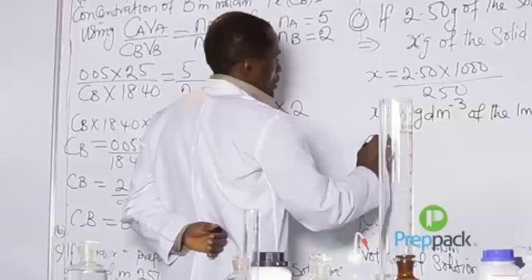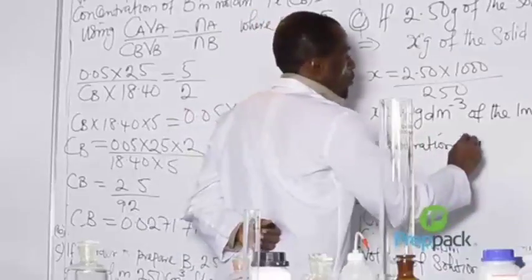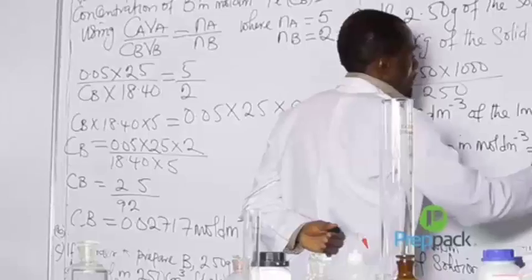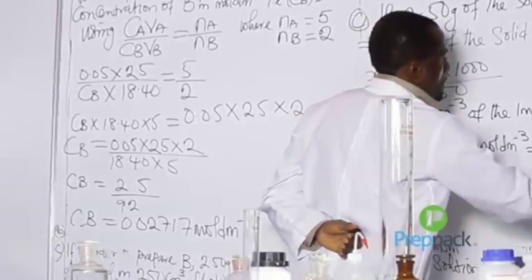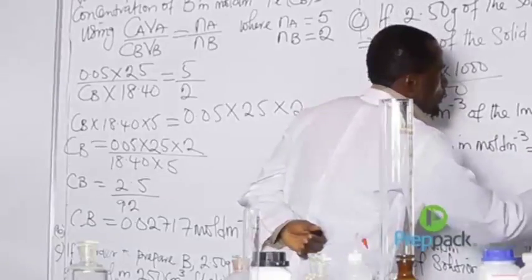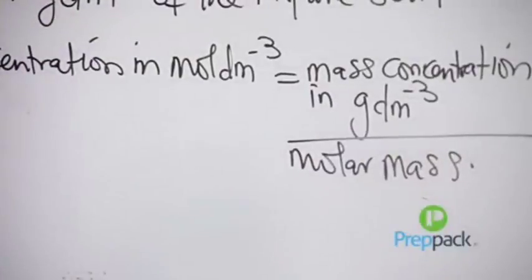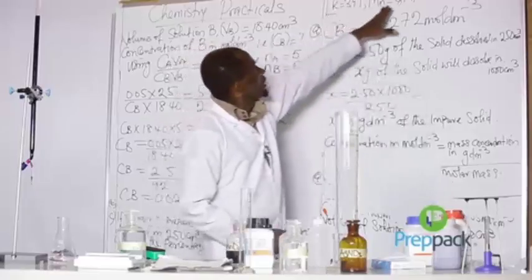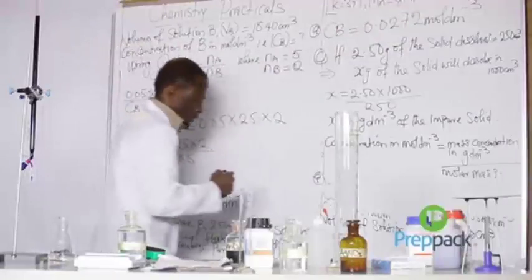Concentration in mole per dm cube is equal to mass concentration in grams per dm cube over molar mass. And I need to get the molar mass of KMnO4. The masses of the individual elements in KMnO4 are given to us.